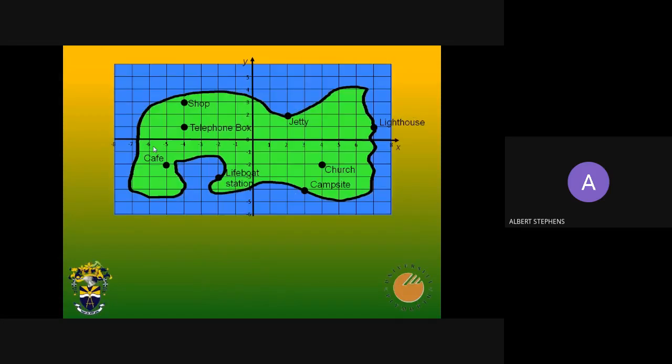Now, look at this question. Can somebody tell me what is at location (4, -2)? The church.